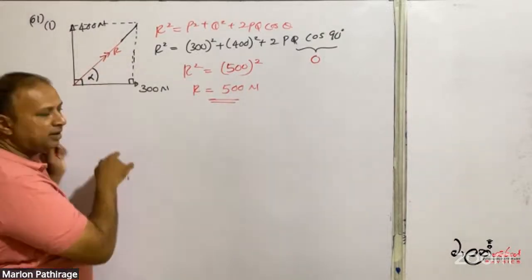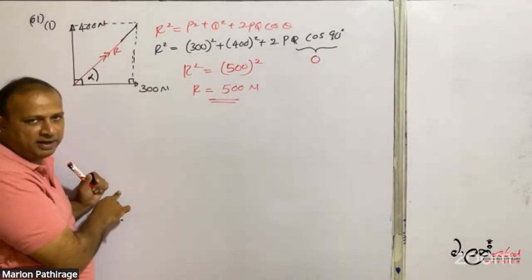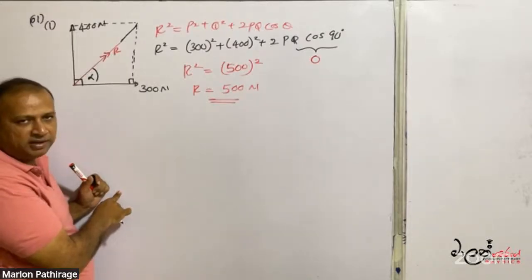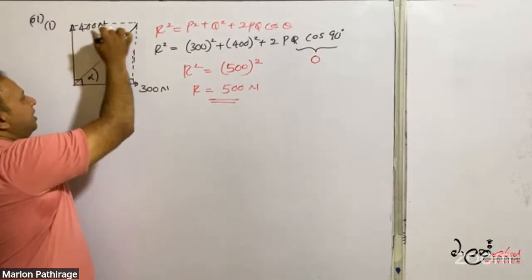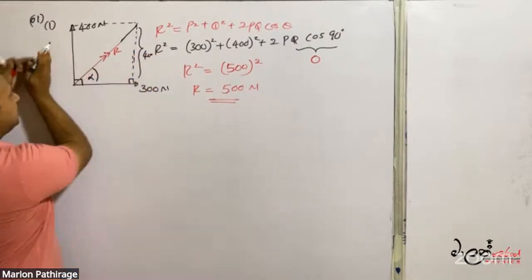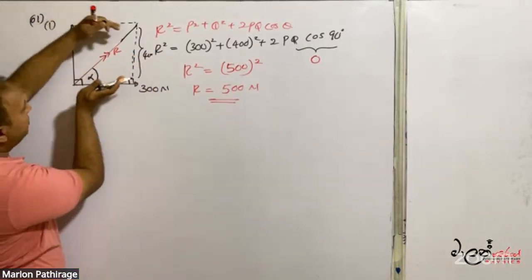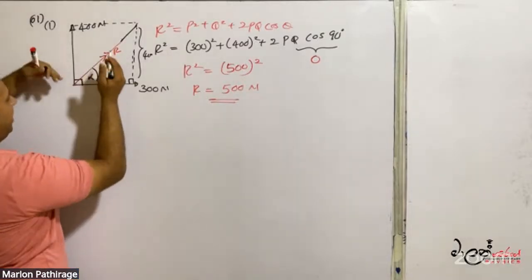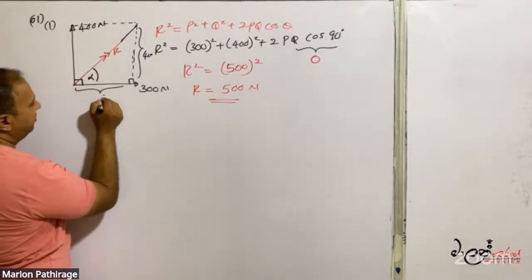Therefore, this height should be 400 because this side is 400, and this side is 300.